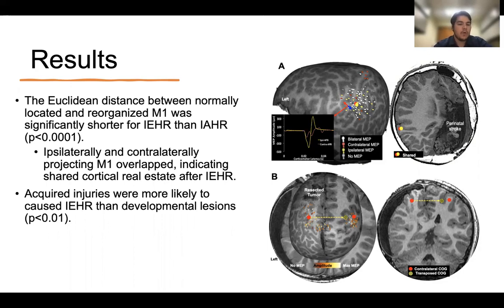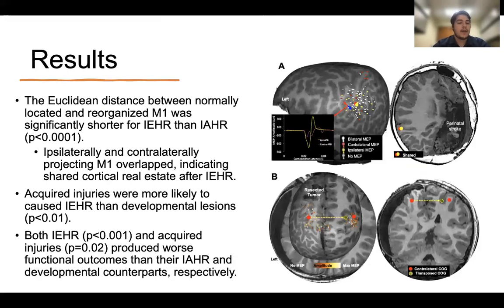Also, we found that acquired injuries were more likely to cause interhemispheric reorganization than developmental disorders, and also that interhemispheric reorganization and acquired injuries were both independently associated with worse outcomes than their respective counterparts.